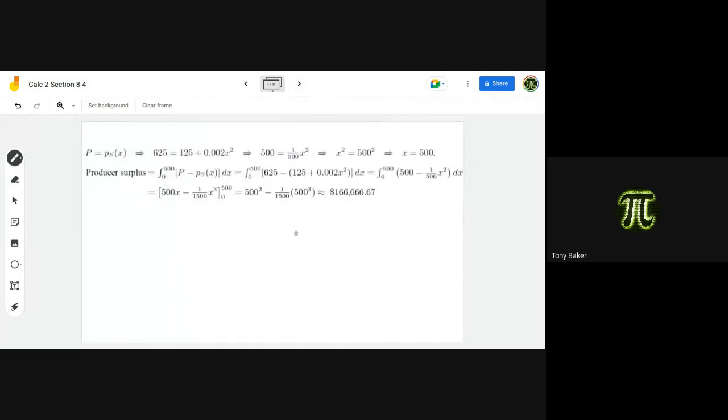So you should get $166,666.67. Wait, 0.002? It would be 2 over 1,000, which reduces, because it's 2,000s. You're right.